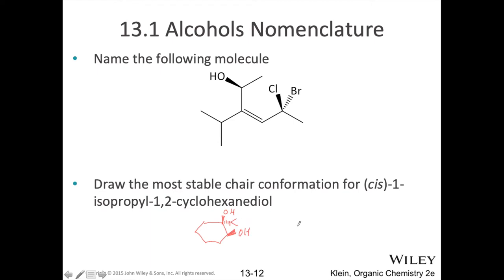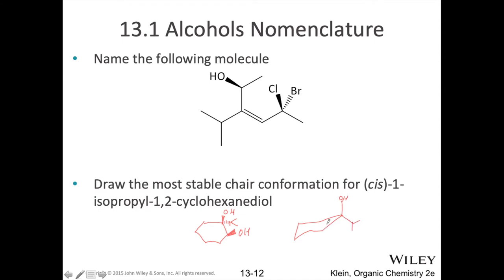Okay, so when you draw your chair conformation, think about how you want, out of these two positions, what you want where. If you want your isopropyl group equatorially, that means that this alcohol group is axial. So that would be OH, and this is that group over there.